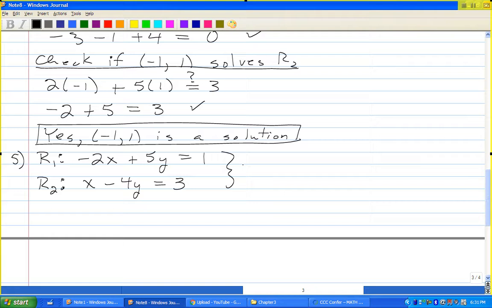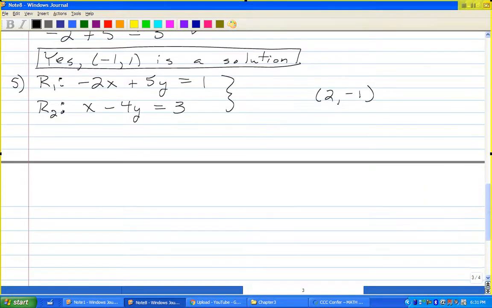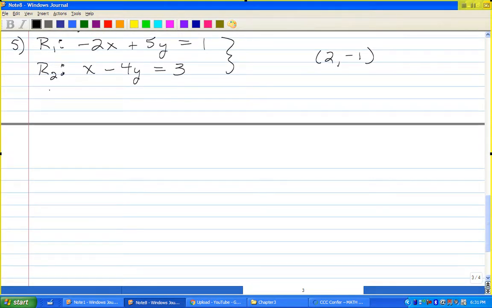So I want to check if (2, -1) is a solution. So let's first check if (2, -1) solves the first equation.